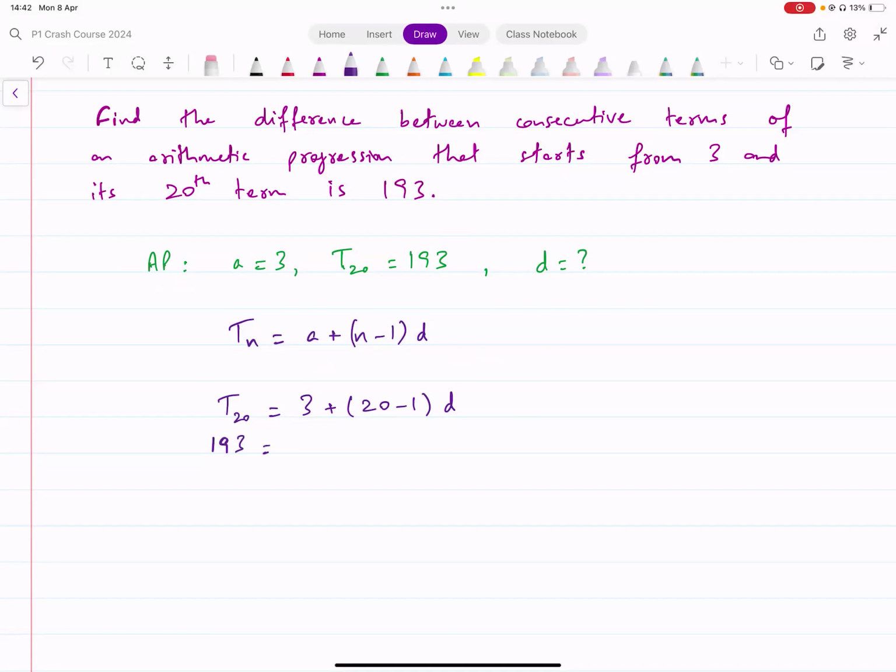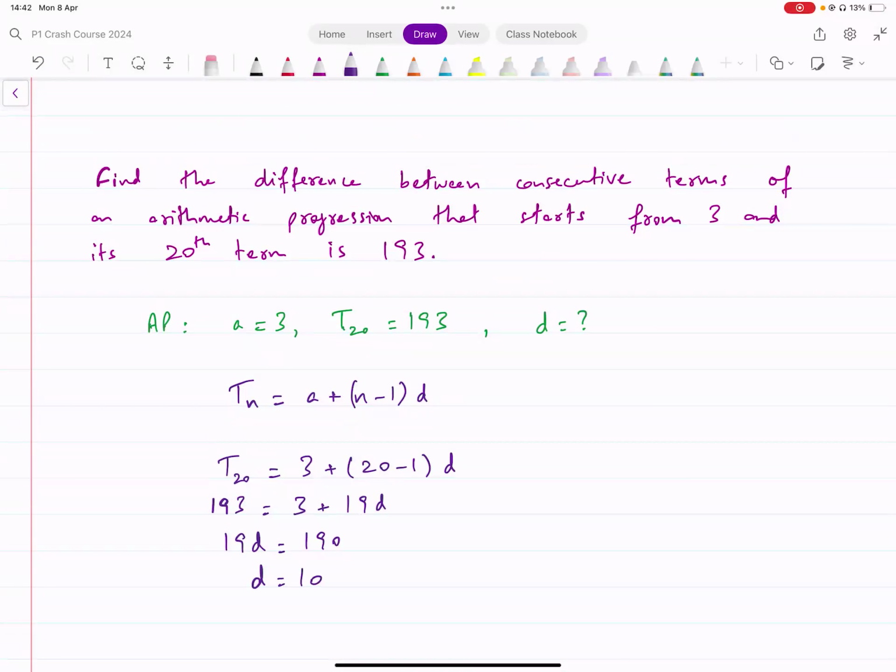We say 193 should equal 3 plus 19 times d. And that gives you 19d equal to 190. And the value of d turns out to be 190 over 19, which is 10. That's the difference between consecutive terms of an arithmetic progression. Okay, so that's how you use this term formula. I hope that makes sense.